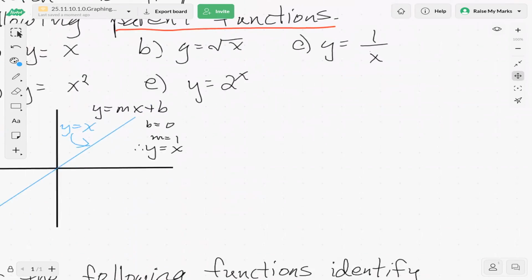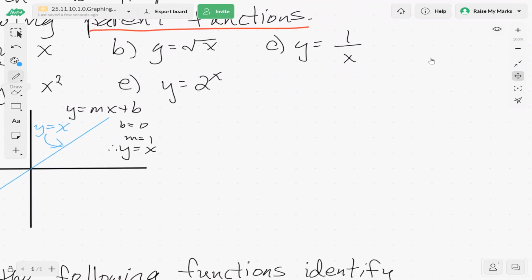All right, now let's look at B. Let's scroll over. Looks like we might run out of space. Again, let's draw some axes in here. There, good. And now let's try and graph this. When x equals 0, y equals 0. When x equals 4, y equals 2.